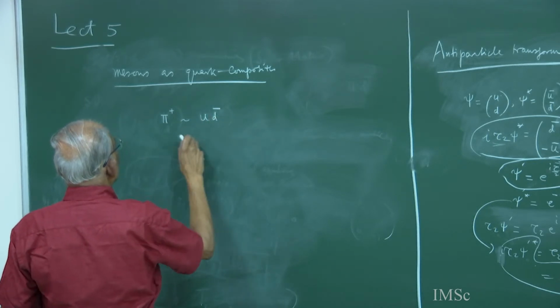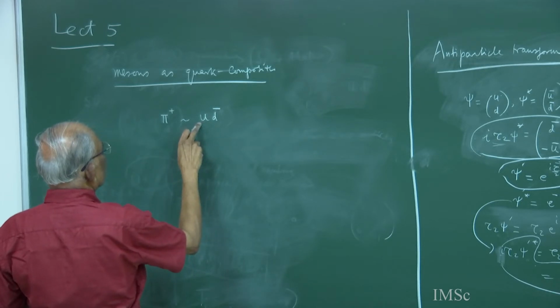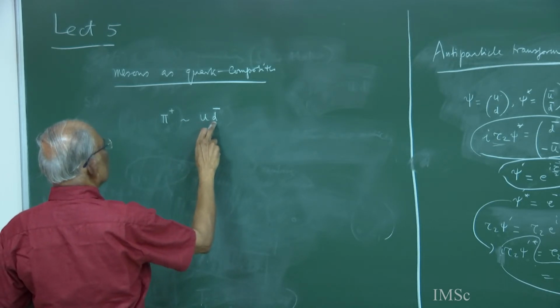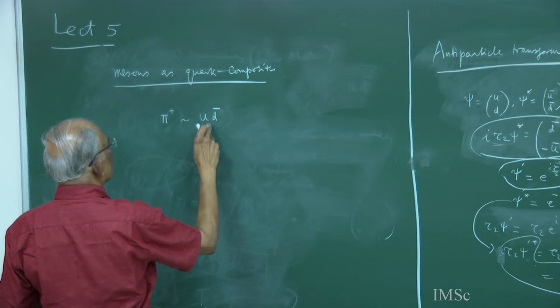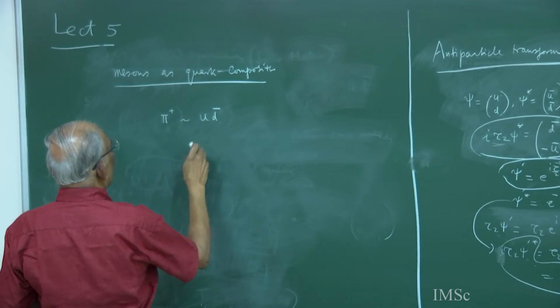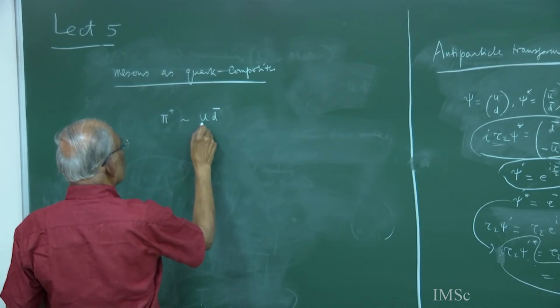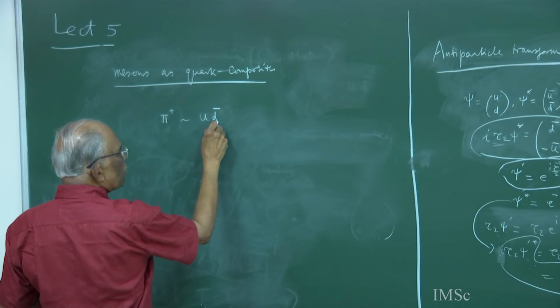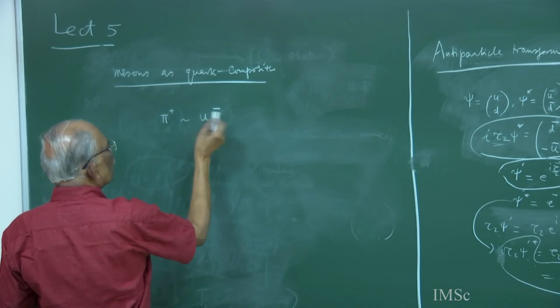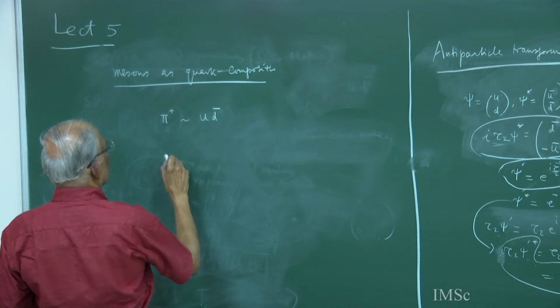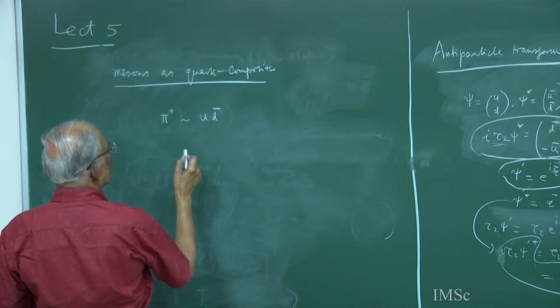Why? You can see the charges match: plus 2/3 and plus 1/3, since d is minus 1/3 but d bar is plus 1/3. So total charge is okay. Isospin is plus half, and this is also plus half. This is all you have to write; you cannot write down anything more.